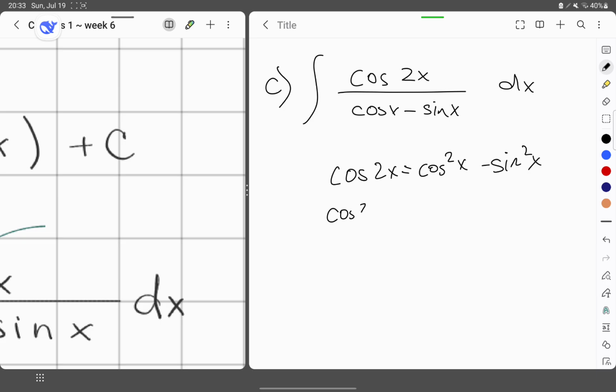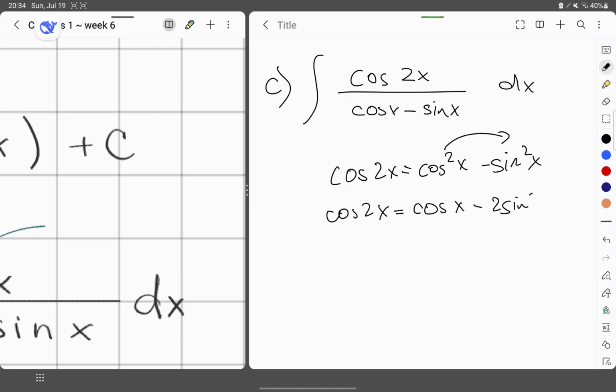Or I remember that cosine 2x also equals to cosine square x minus 1, or 1 minus cosine square. No, sorry.